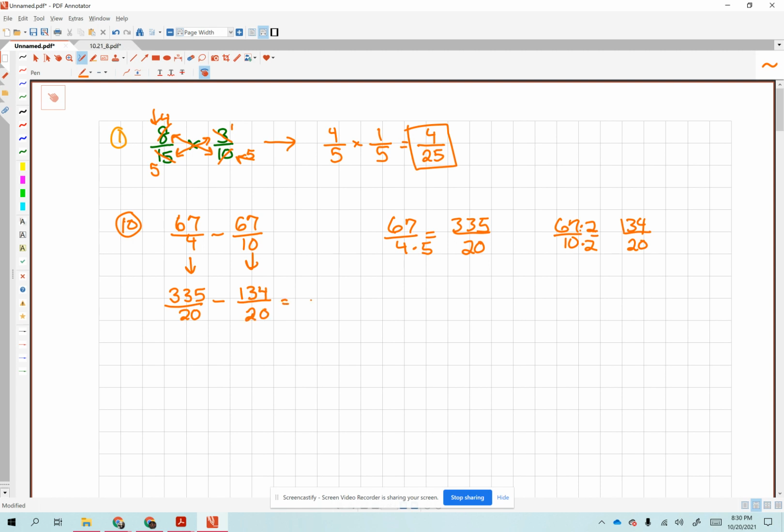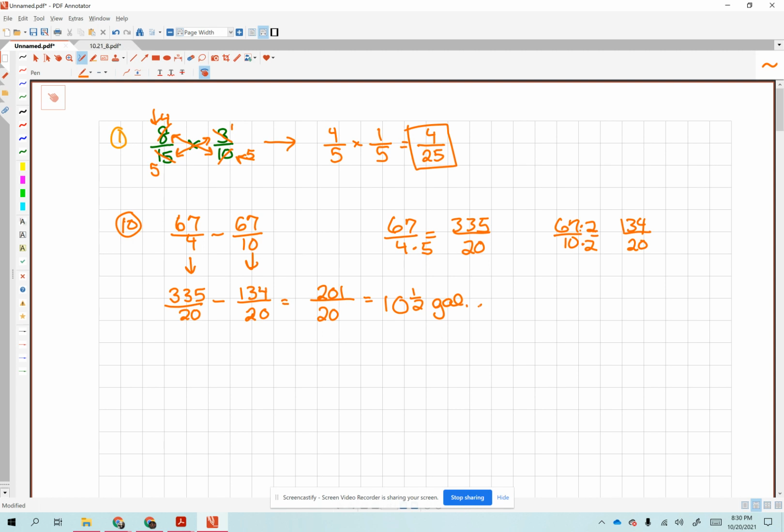Now, I already have my denominator of 20. I just need to simply subtract 134 from 335, which gives me 201. And if I divide 201 by 20, I get 10 1/20.